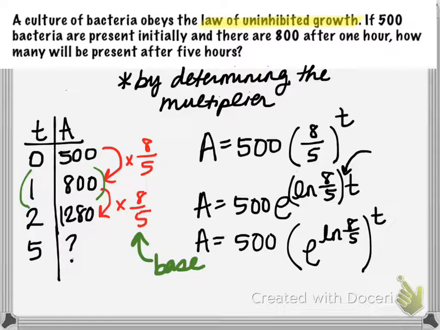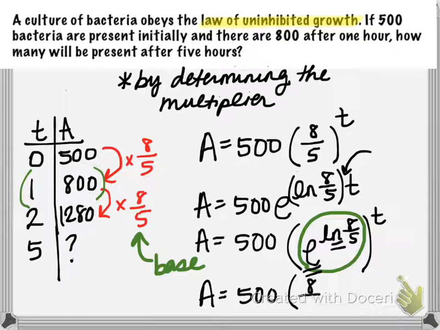Because remember, when we have a power raised to another power, we multiply the exponents. But then this e raised to the natural log of 8/5 simplifies because the natural log also has a base of e. They are inverses of one another, and it'll simplify to just plain old 8/5. And that's why we do end up with 500 times 8/5 to the t power.